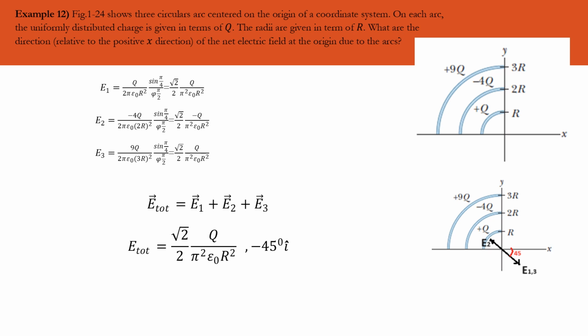I can tell you this is important, everybody. You are going to be able to calculate E net. Then E total will be E1 plus E3 minus E2. Therefore, this will be the last answer for this example. And as you can see, the direction of the electric field is minus 45 degrees, along I.